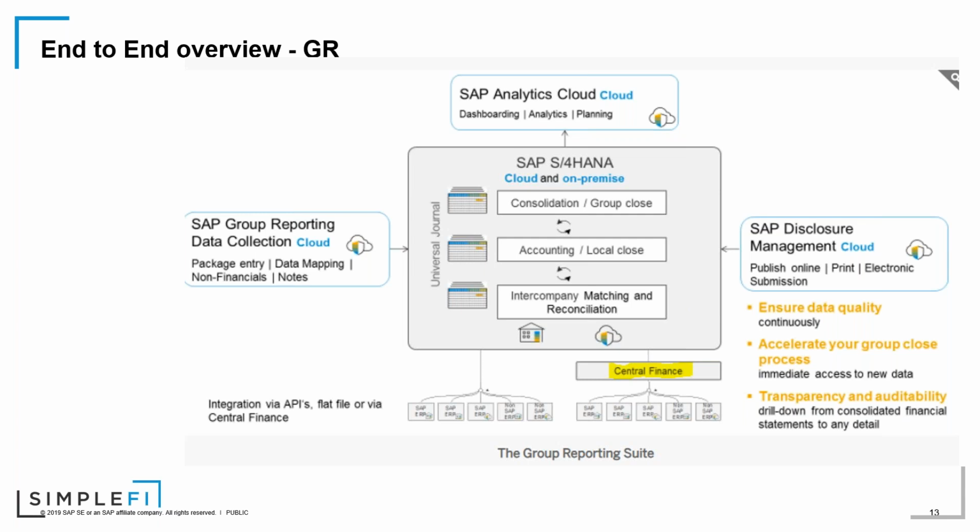So you don't need data collection in order to be able to run group reporting, but it does give you some additional flexibility in terms of scheduling, mapping, transforming that data, especially from non-SAP systems, but also ECC.